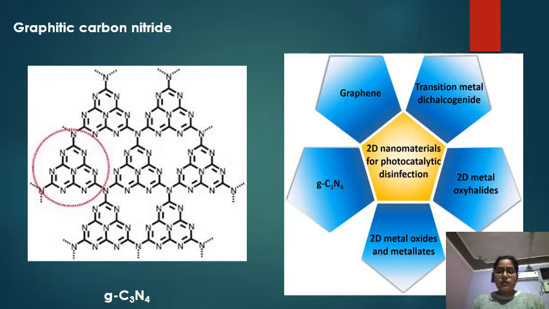The chemical composition of graphitic carbon nitride is C3N4. It is a polymer of monomer carbon and nitrogen. Other photocatalytic materials used in water disinfection are shown in the slide. For example, graphene, transition metal, 2D metal oxyhalides, 2D metal oxides, and of course graphitic carbon nitride.